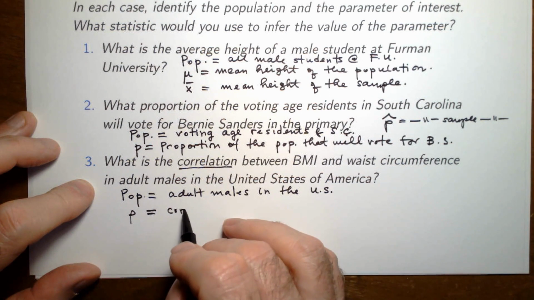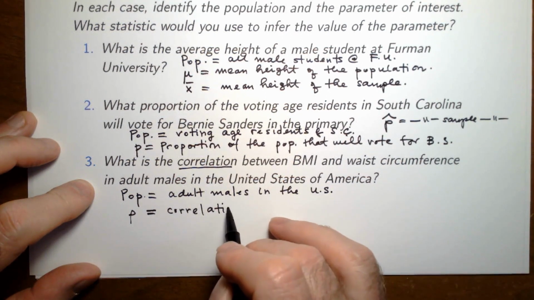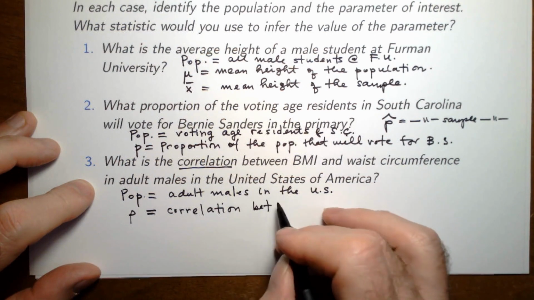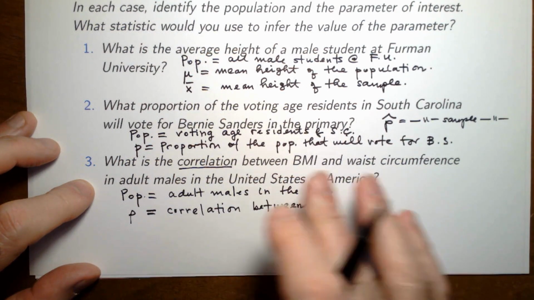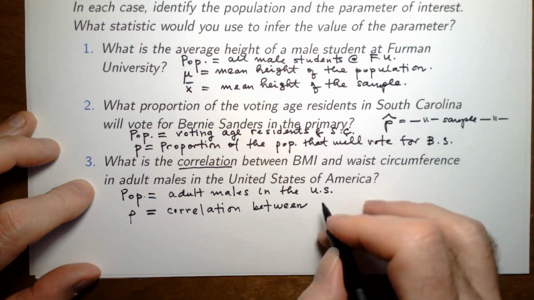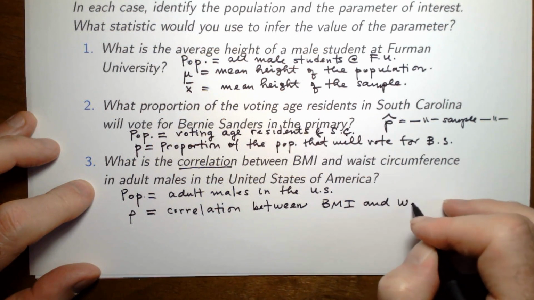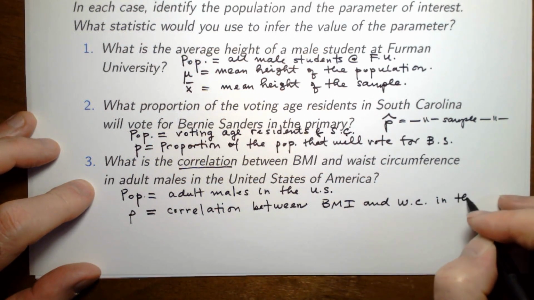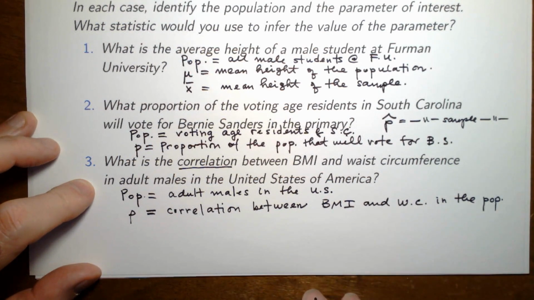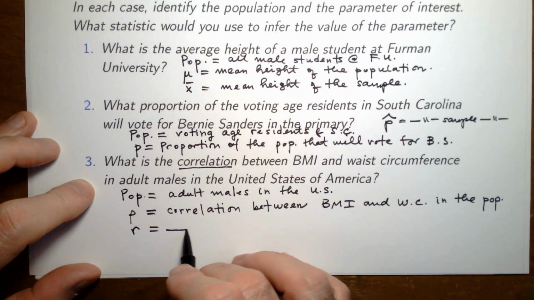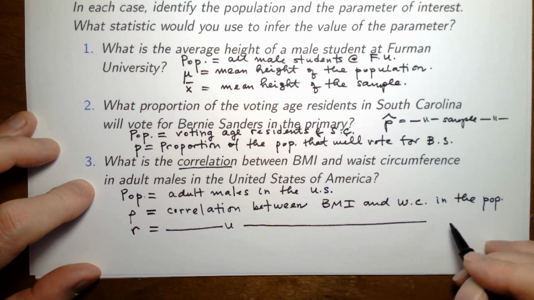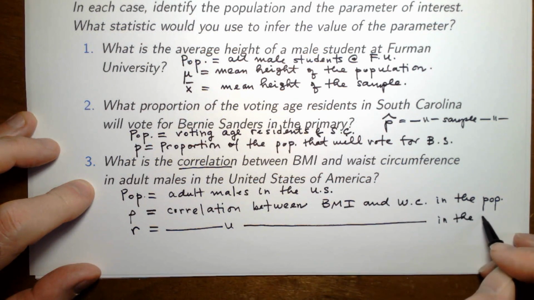So this is the correlation between these two quantitative variables, BMI and waist circumference in the population. And we know that when we pull a sample out of this population and compute the correlation, because it's coming from a sample, we would identify that with R. So this is going to be the correlation between BMI and waist circumference in the sample.